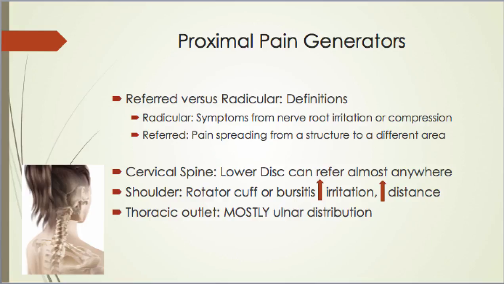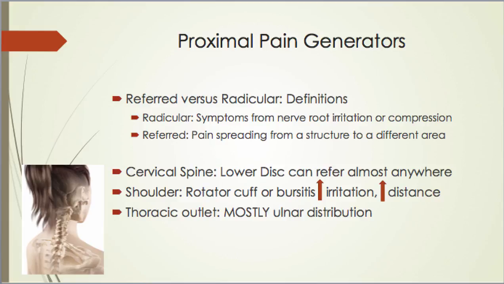And then thoracic outlet syndrome occurs between generally the clavicle and the first rib, and that causes mostly ulnar distribution symptoms down in the forearm and the hand. So the key here is that the most common type of thoracic outlet syndrome causes symptoms at night.